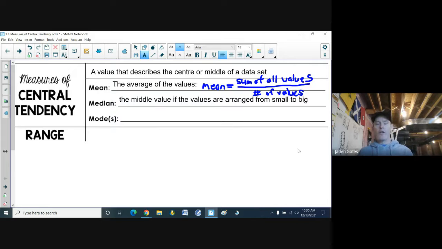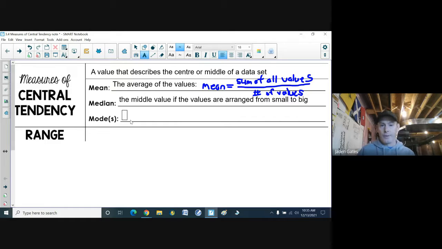So you have to rewrite your data, and then you figure out which one's in the middle. That's going to be your median. Now, we could have a situation where there's two of them because we could have an even number, and we're going to go through how to deal with it when there are two numbers in the middle.